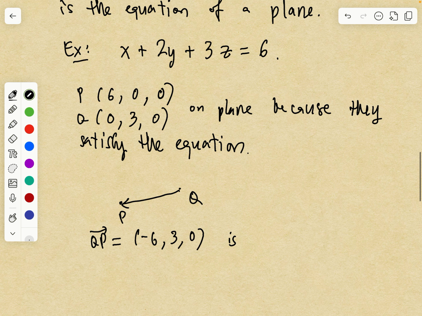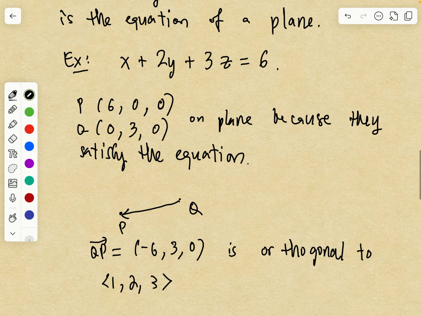This is orthogonal to the vector 1, 2, 3. Notice that the 1, 2, and 3 are gotten as the coefficients of x, y, and z. That leads to this vector.